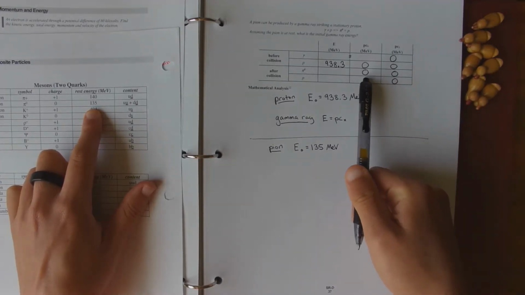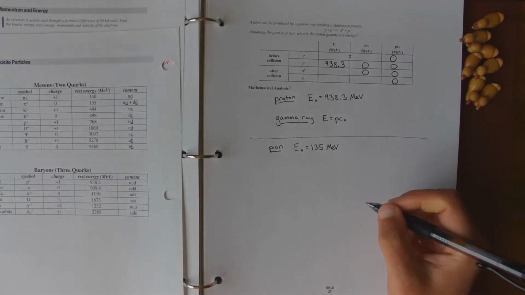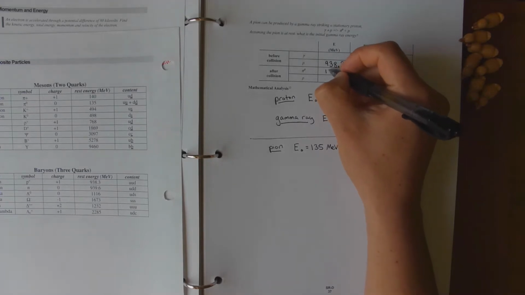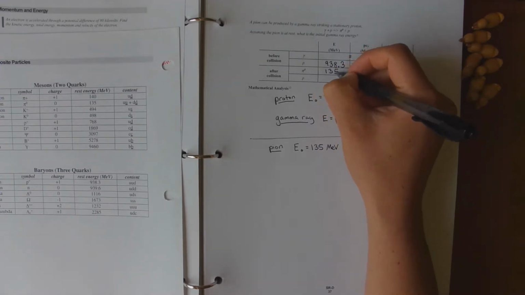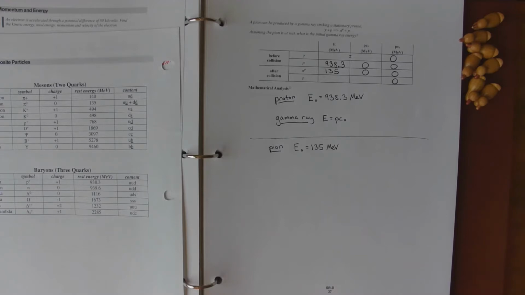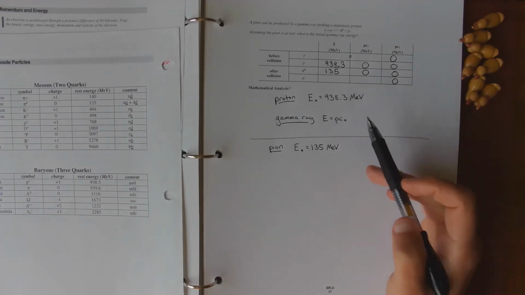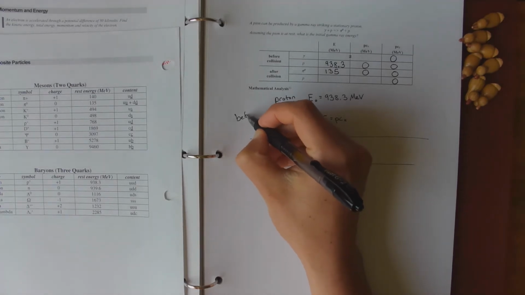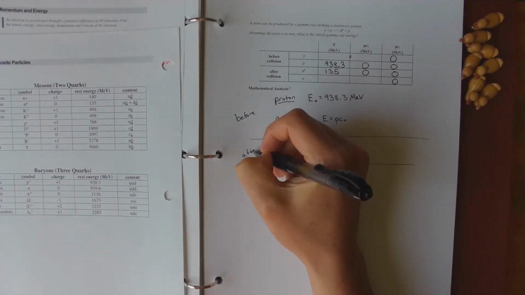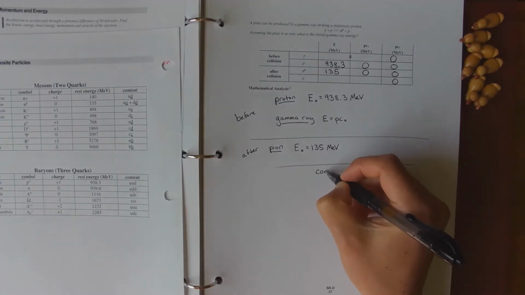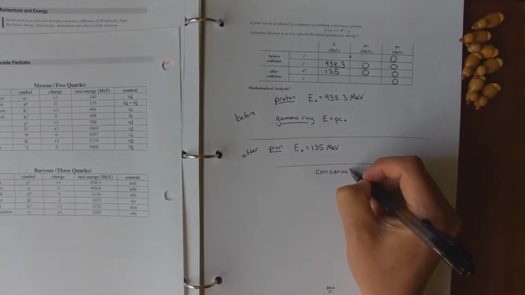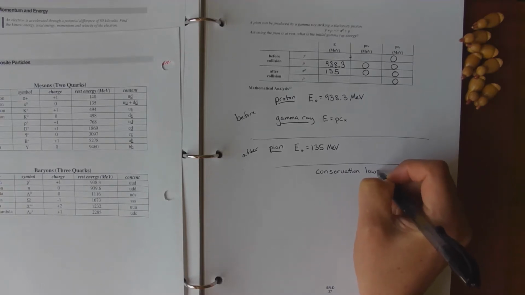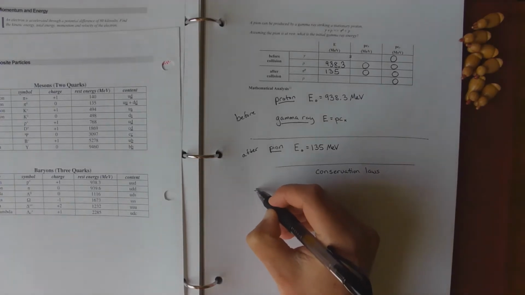But afterwards, the pion is at rest, and so the rest energy is the total energy, just like it was for the proton before the collision. Okay, and then afterwards, we still have the proton. The proton has the same rest energy after the collision. So this is before. This is after. And then we're going to look at our conservation laws for both energy and momentum.